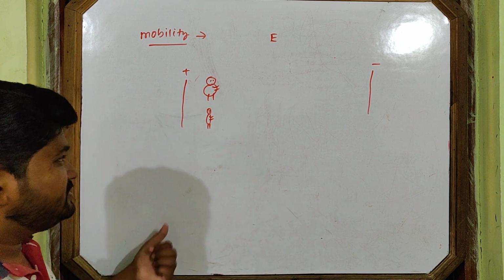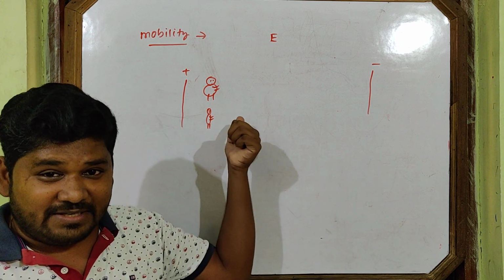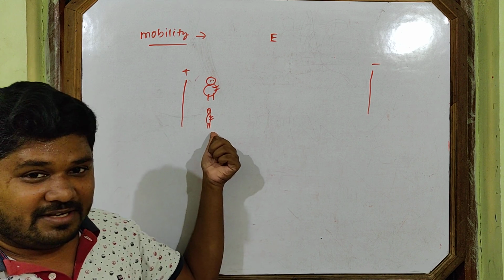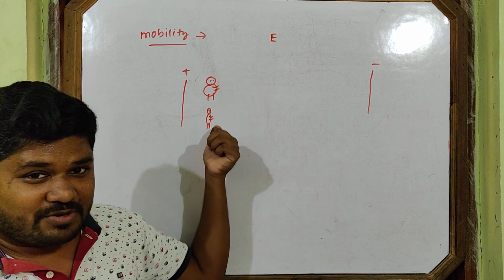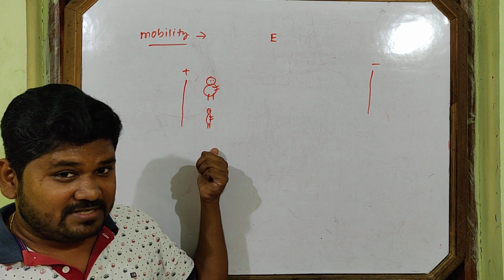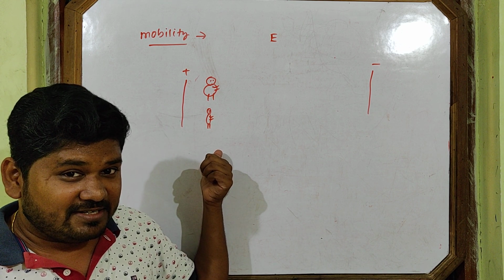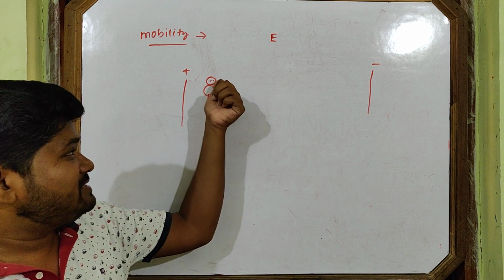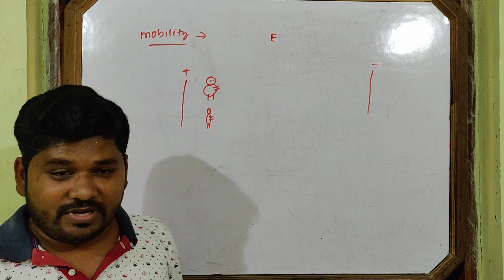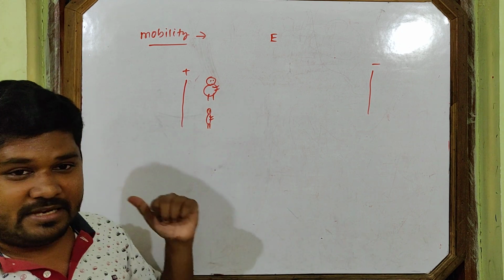Why have I done it like this? The proton is a fat man, but the electron is a thin man. It's very thin. What is the mass difference? How many times heavier is the proton than the electron? You know it? 1836 times. The proton's mass is 1836 times that of the electron. So this is the fat man, this is the thin man.